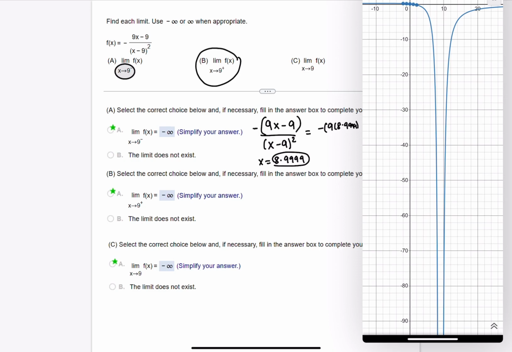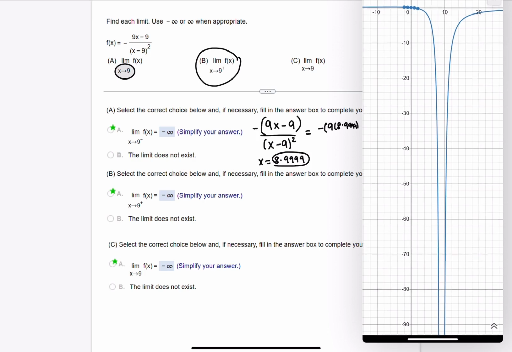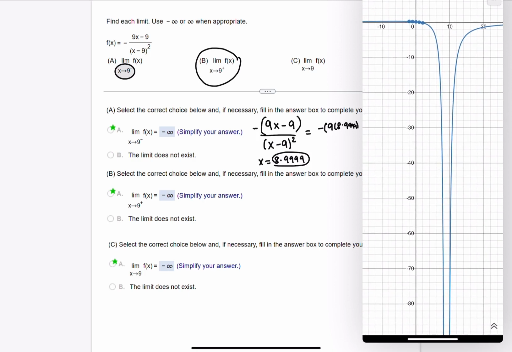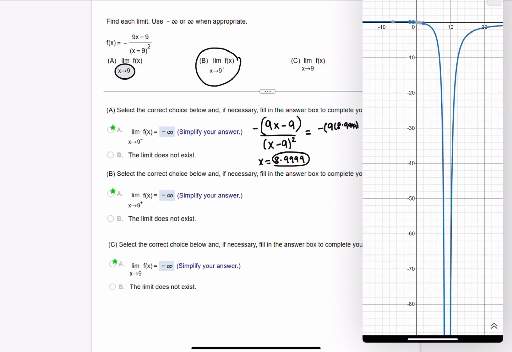Keep in mind, you're not finding the value, you're just trying to see what is happening to the function when you approach 9 from the negative side and from the positive side. As you can see, both of them are going to negative infinity. So when I approach from the negative side, I go to negative infinity. When I approach from the positive side, I go to negative infinity.